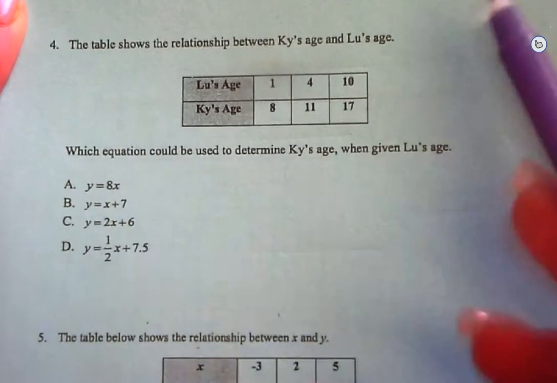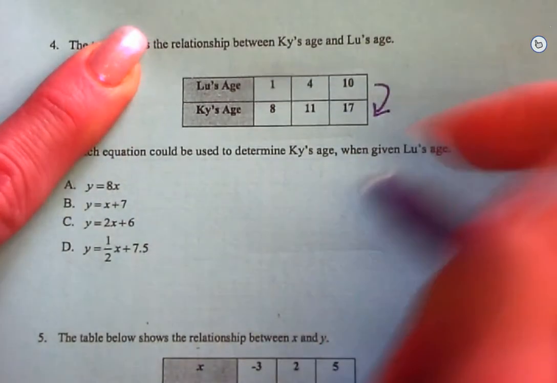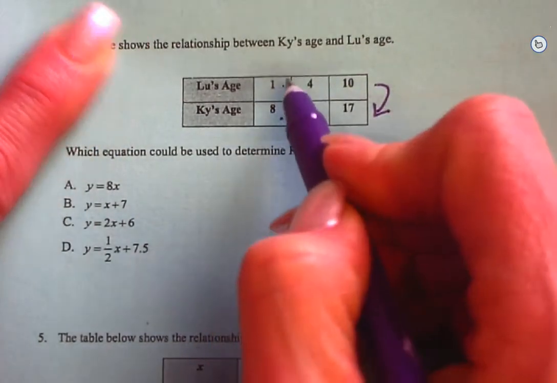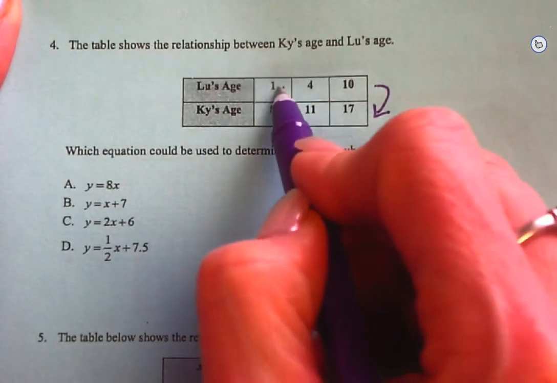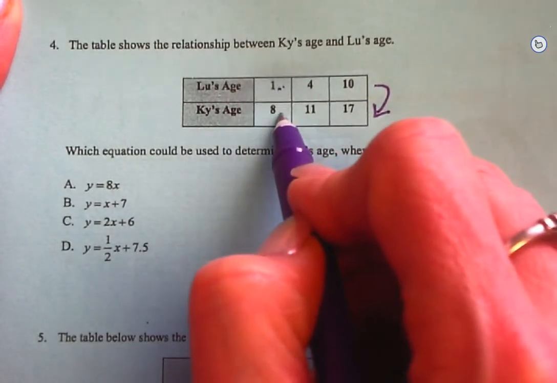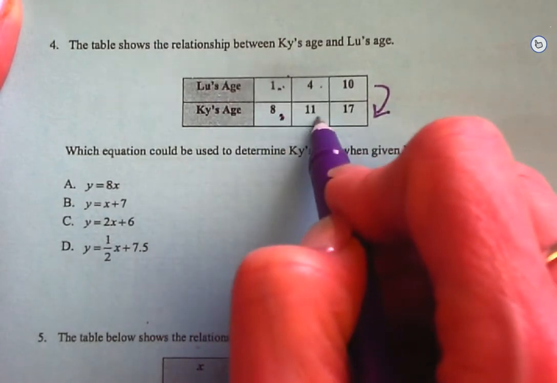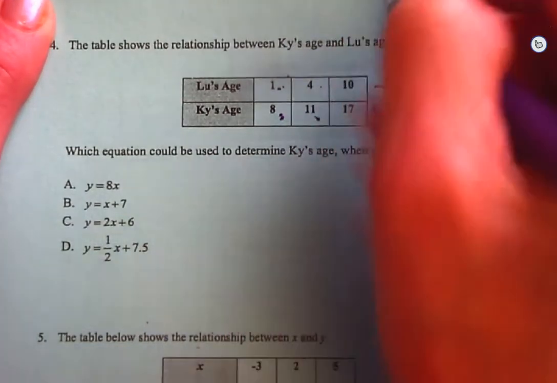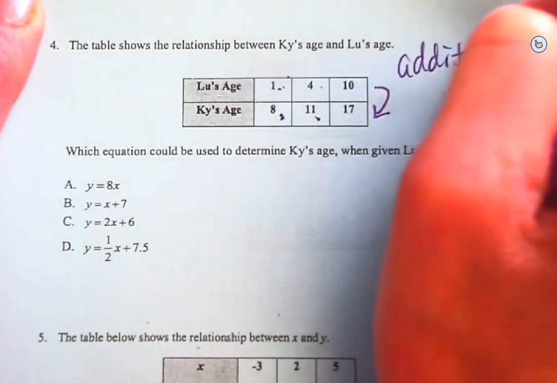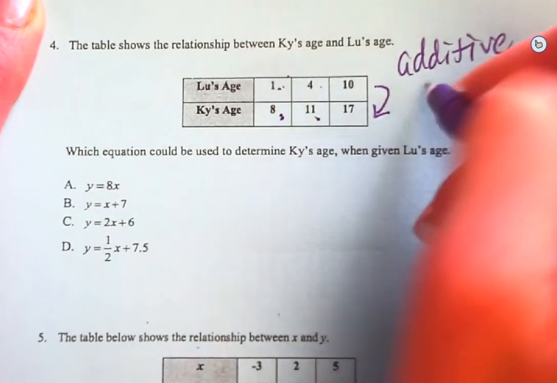So now we're just looking for equations. So we're looking at what we do to x to get y. So 1 to 8, okay? So if we didn't know whether it was proportional or not, you should be able to see pretty quickly that it's not. 1 to 8 is times 8. 4 times 8 is not 11. So if it's not proportional, it must be what? It's additive. So then we just think, what number am I adding?